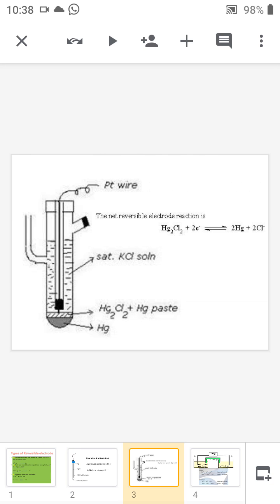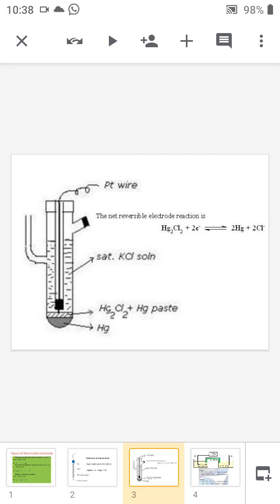So the next example is the calomel electrode. As we discussed earlier, the calomel electrode contains Hg and Hg2Cl2 plus Hg paste. Here also, as with the zinc bar Zn2+ ion, we cannot directly dip the mercury in its salt solution, because we know that mercury is in liquid form.